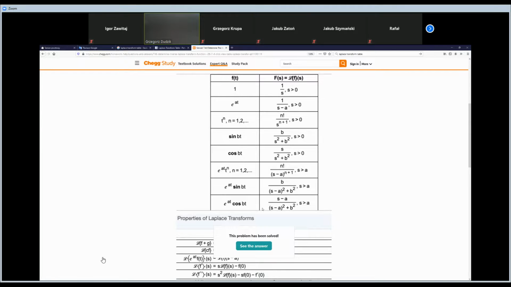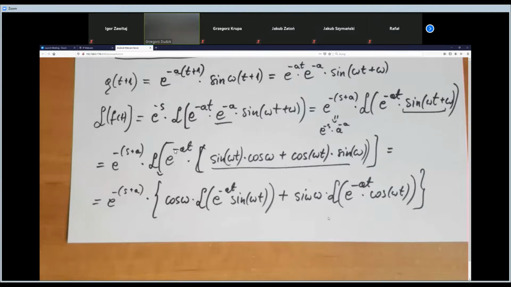After Laplace transformation, it is b over (s minus a) squared plus b squared, and e to the power of at times cosine bt is the same as (s minus a) over (s minus a) squared plus b squared. Okay, I'm just switching the screen to the dashboard.